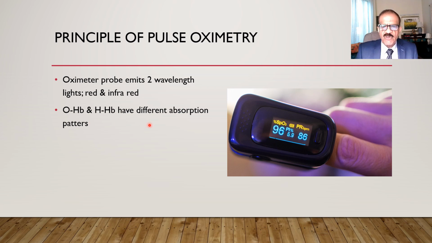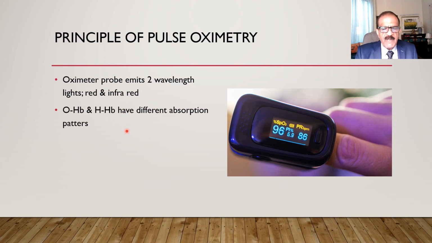If something is red in color, that means it reflects back red waves. And if it is blue in color, that would mean it reflects back the light waves which are blue in color. Now, in this case, we know that oxygenated hemoglobin absorbs infrared and reflects back red waves, and unoxygenated hemoglobin absorbs red and reflects back infrared.